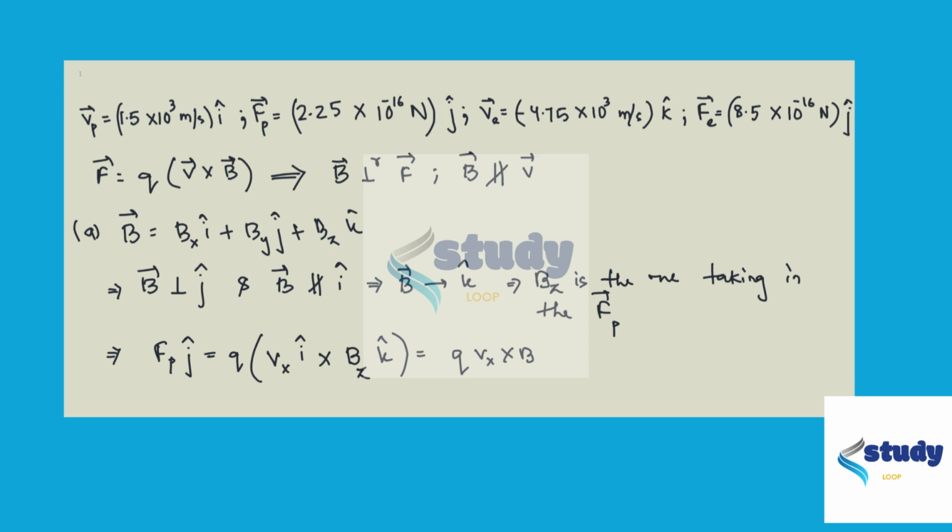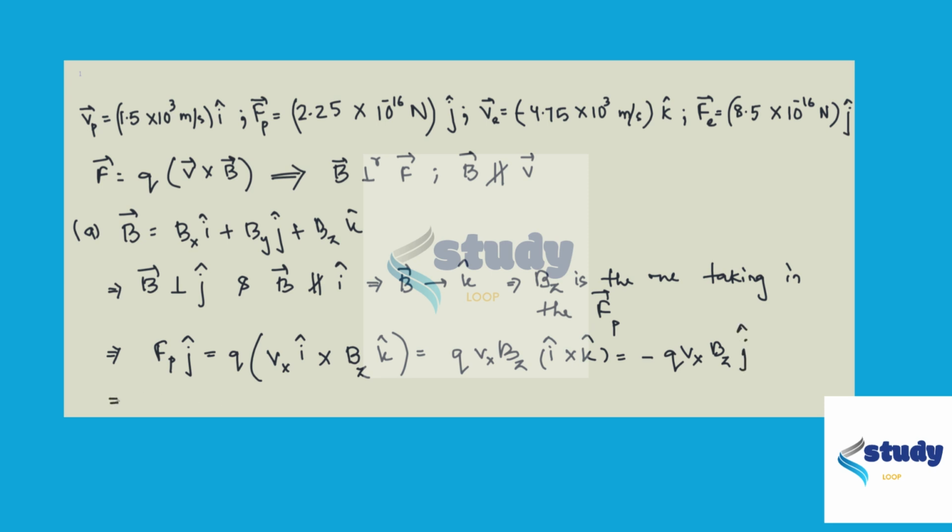Bz times i cap cross k cap. This is basically negative j cap. So negative q Vx Bz j cap.